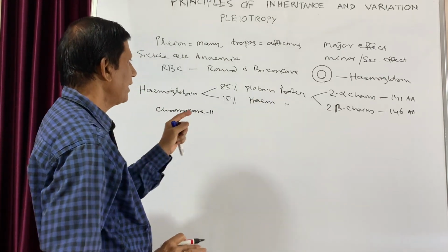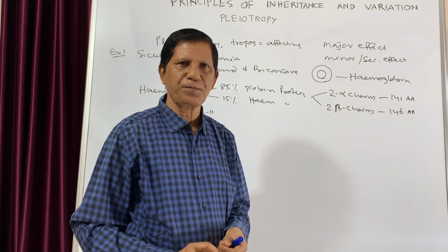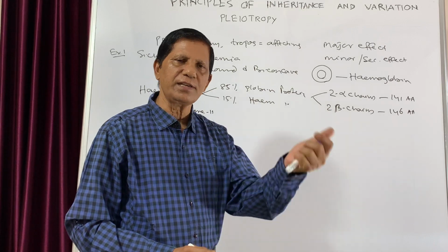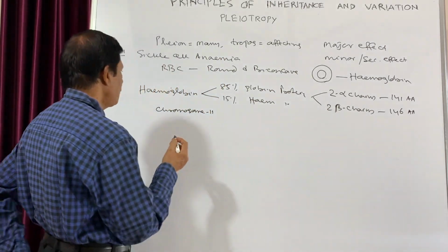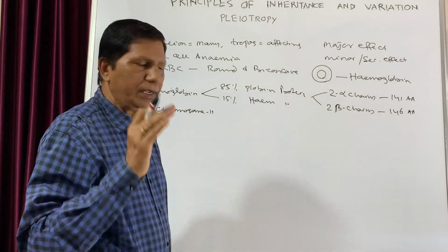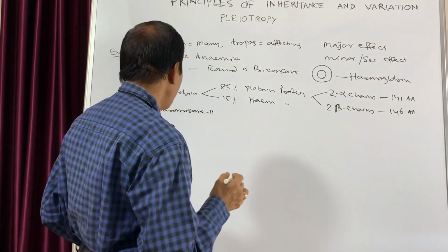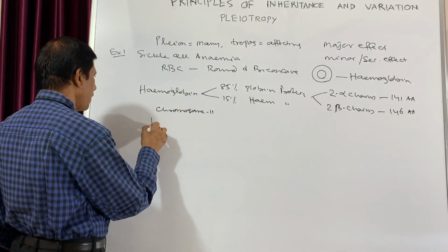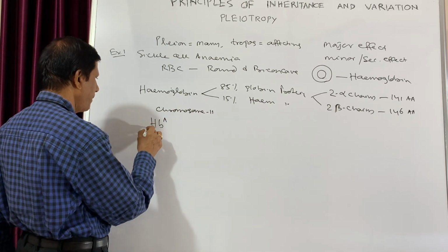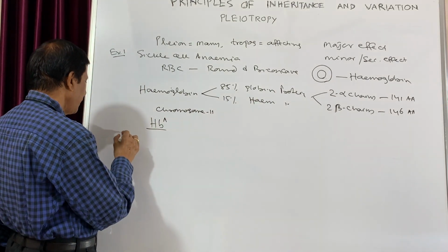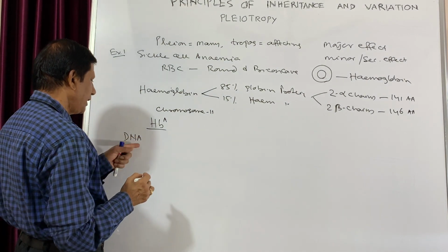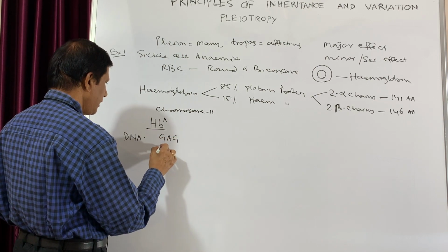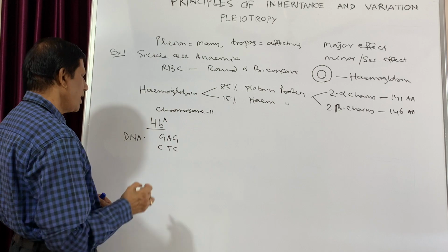Now this is the case of the hemoglobin which is present. Now if this gene is mutated, what happens? This is the normal gene. If it is mutated, it will cause sickle cell anemia. How? Let us see. Suppose in one of the beta chains at the 6th position there is glutamic acid, because in normal hemoglobin, at the 6th position, the DNA is CTC with the complementary strand GAG.